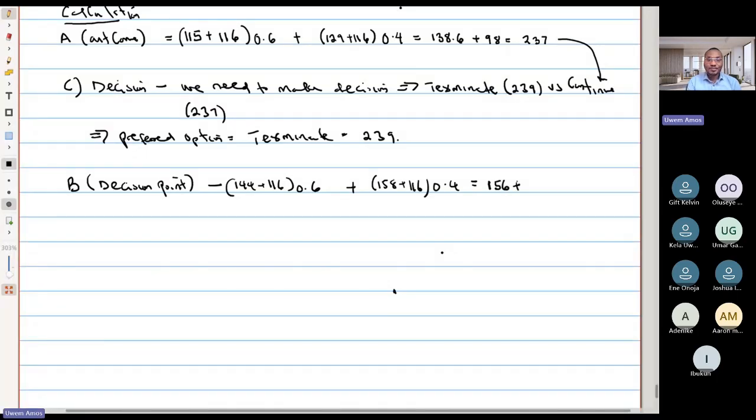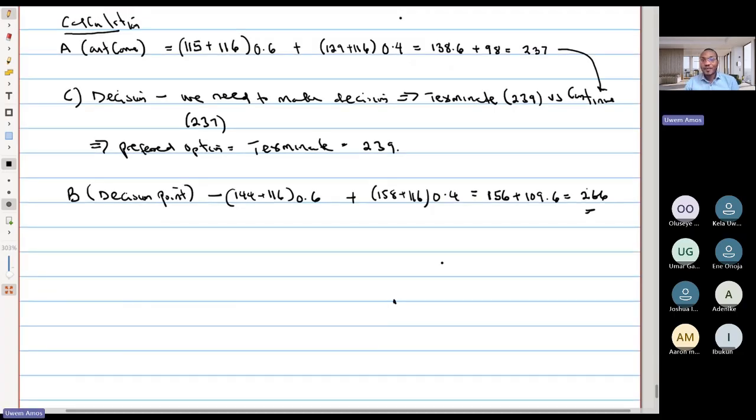The second one, 158 plus 116 multiplied by 0.4 gives us 109.6. So what do you have as a total? 109.6 plus 156, approximately rounded up to 266. That's what we have here.